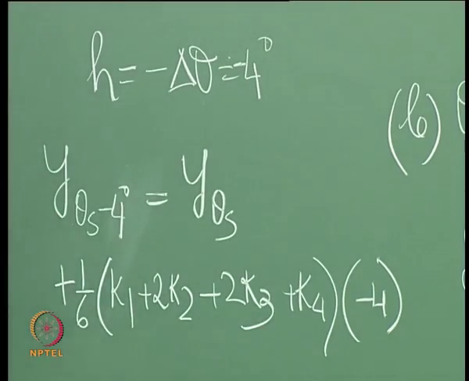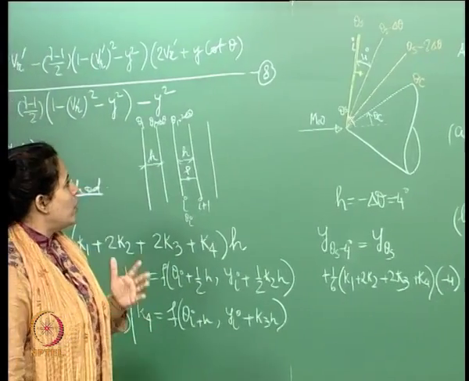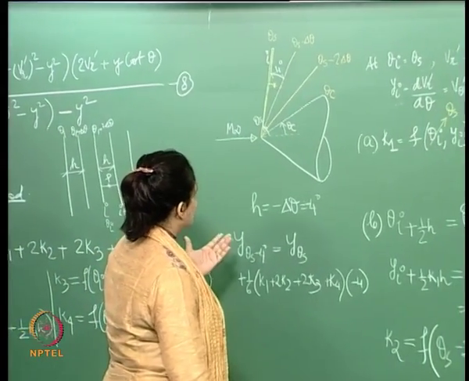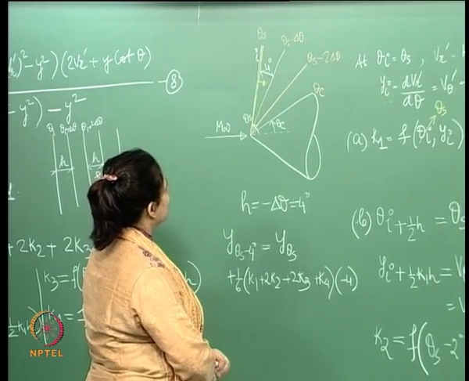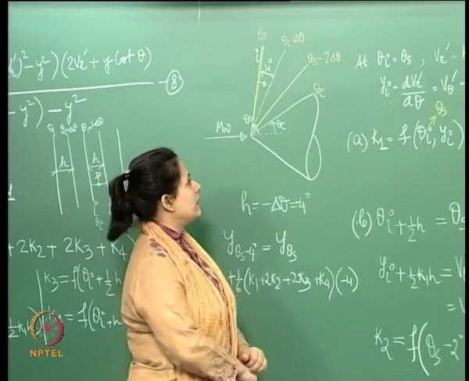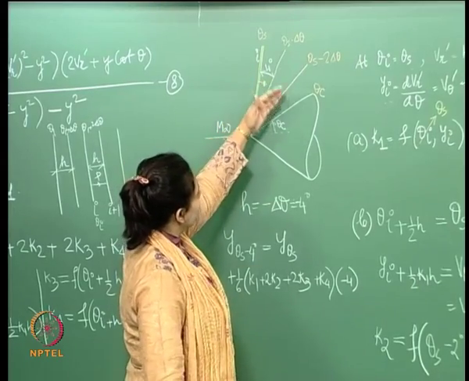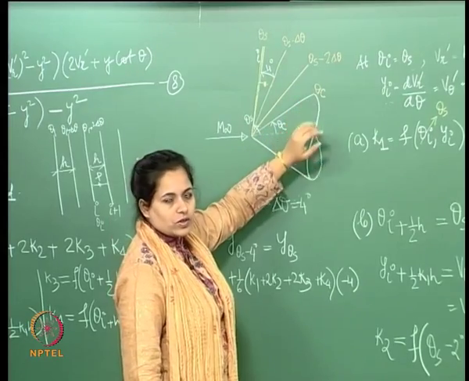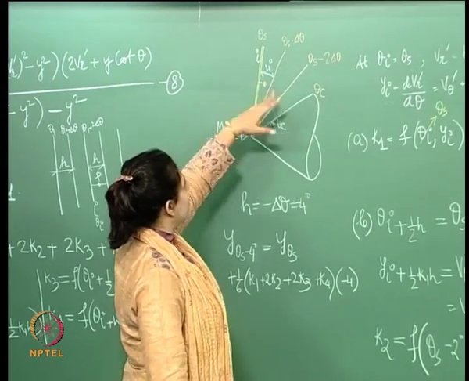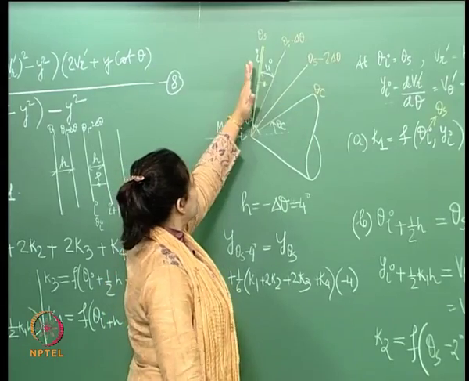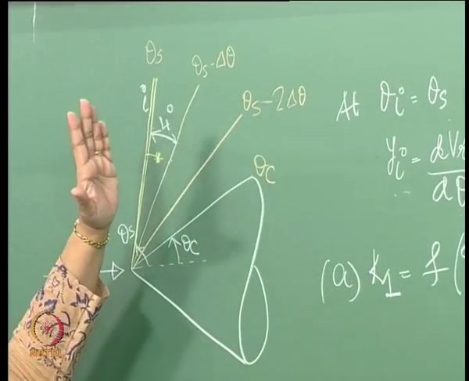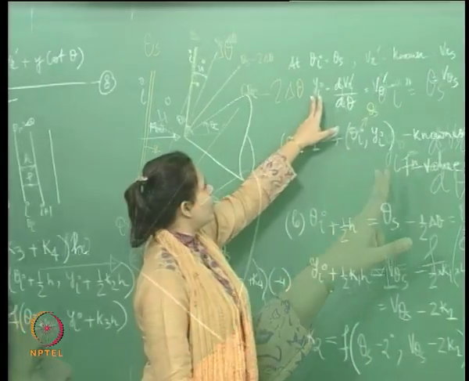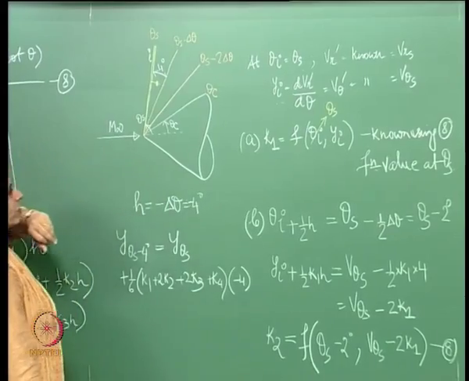So, essentially what we have done here is, if you just take a step back and look at this, our main job was to use the Taylor-Maccoll theory, solve this, and get the properties in this space as well as on the surface of this cone. So, we have drawn several radial lines. We started from the shock using this theta s, and the corresponding y I and vr dash is known to us over here.